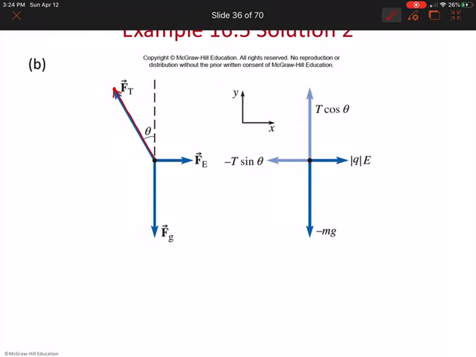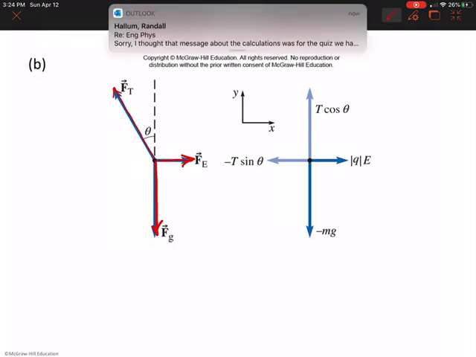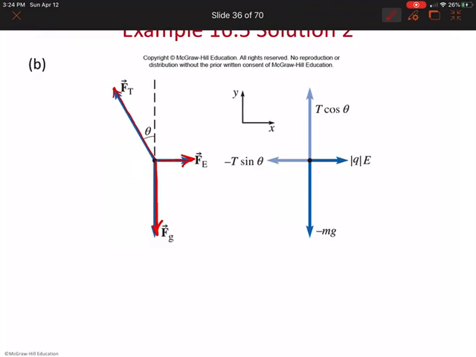And we have this electric force that is happening in this direction, and we have this force of gravity here that's happening like that. Okay, now, does it give us the electric force that it's going in the x direction? No. But does it give you the force of gravity? Yes. Well, you can figure out the force of gravity because it gives you the mass. Okay, and then you can multiply it by gravity.